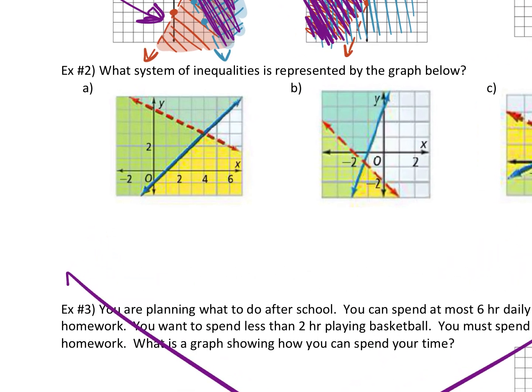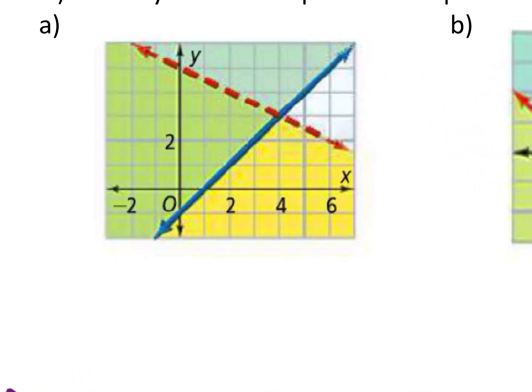It says, what system of inequalities is represented by the graph? So let's just look at letter A here, starting with the blue line. If I want to write an inequality for the blue line, I need to know my y-intercept. So this point right here. Remember, if y equals mx plus b, you'll have an m and a b.